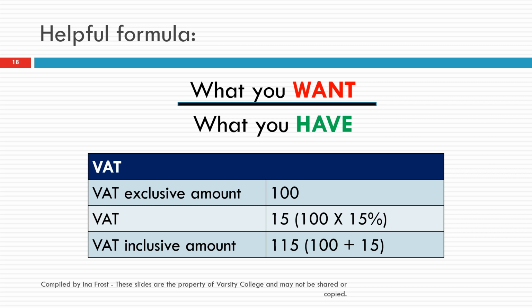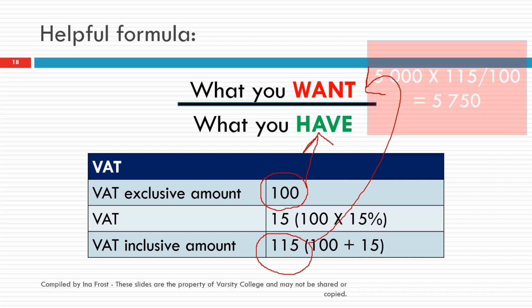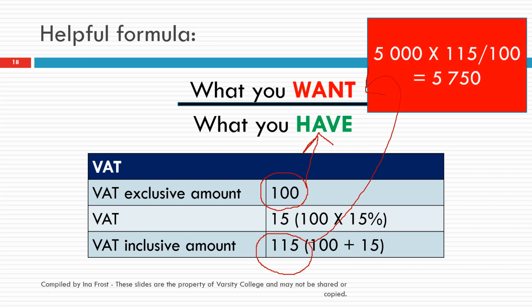Once again, you can come back to this formula of ours of what do we want over what do we have. What did we want in this instance? We wanted the price including VAT. What was given to us in the question? The price excluding VAT. So once again, we can use this formula to do our calculation.